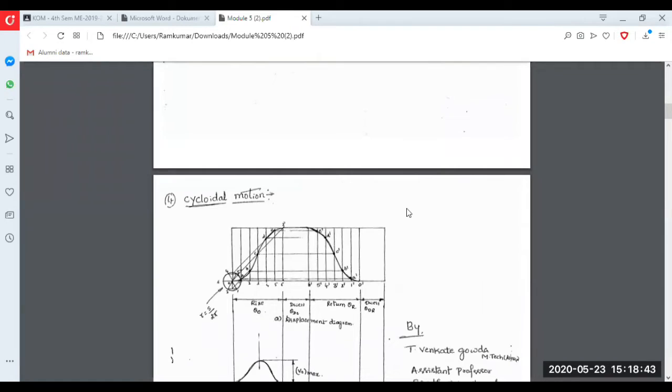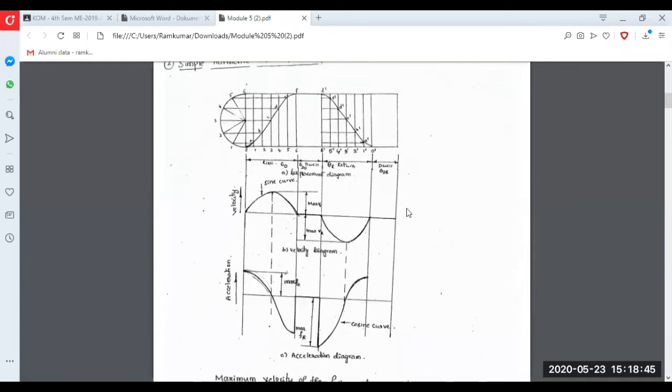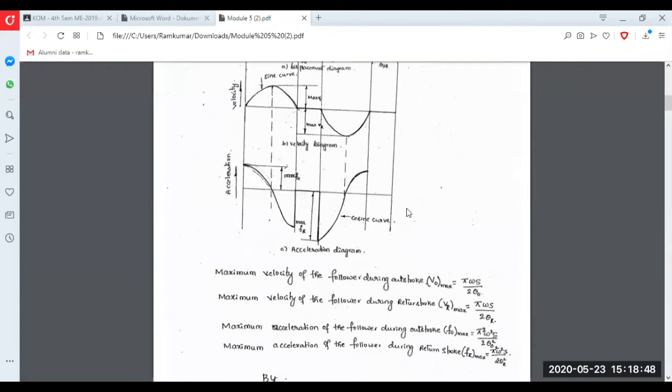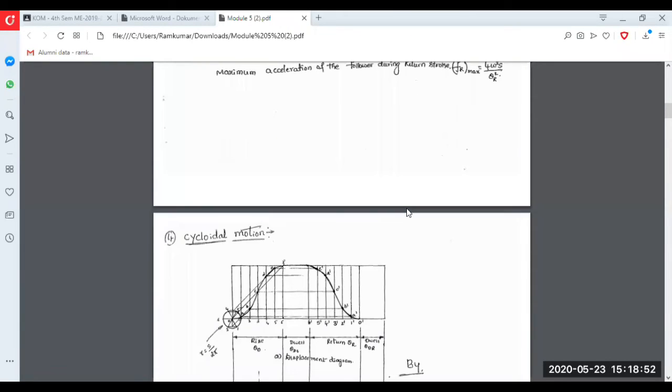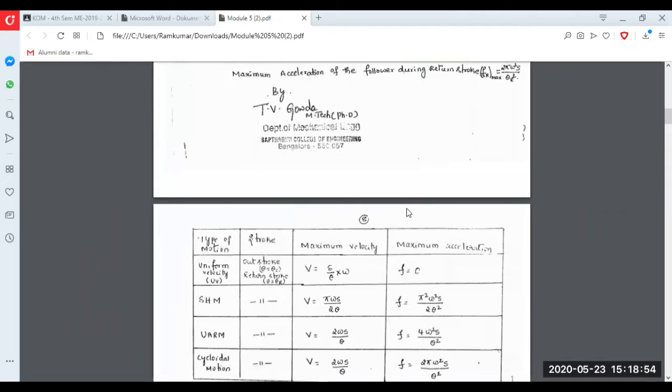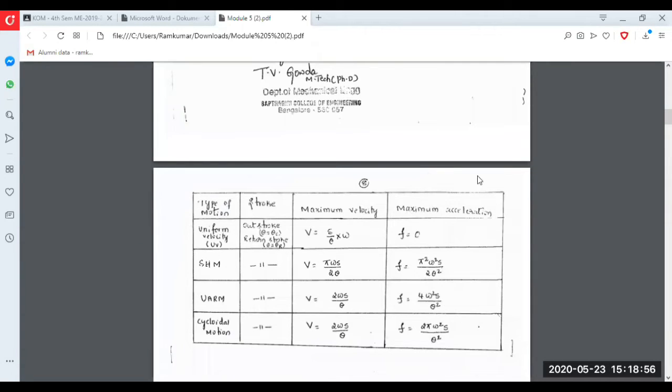For this you have to remember three formulas: velocity, acceleration and lift. This table is very important for solving the problems.